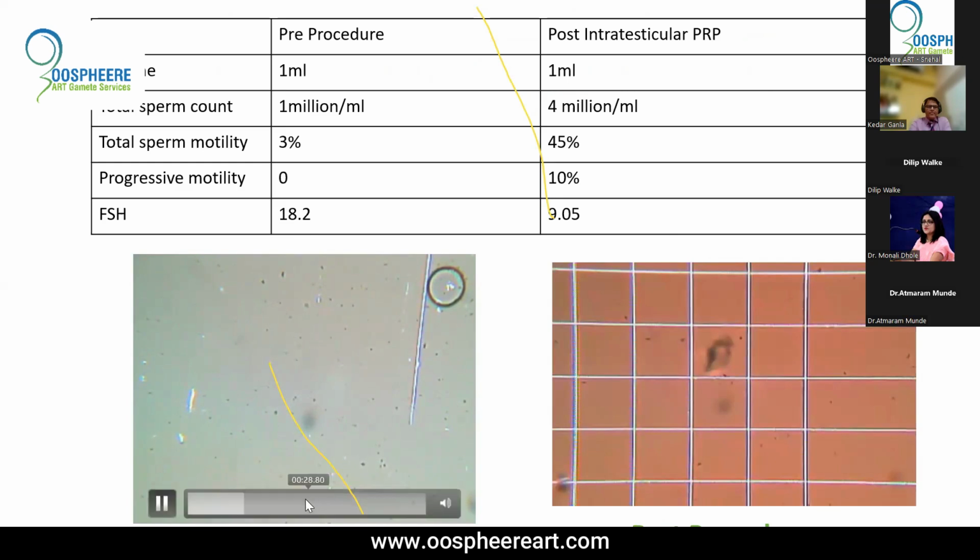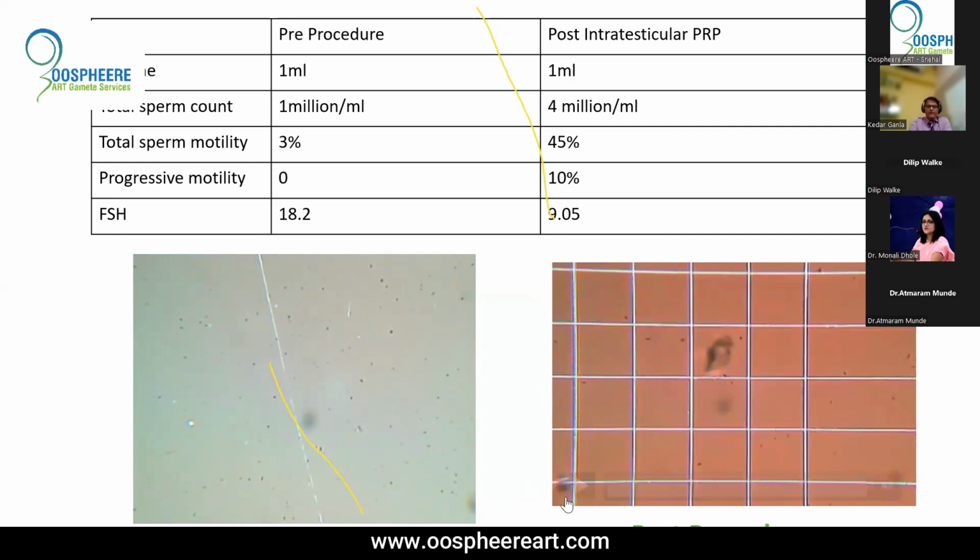See this? Severe OATS. Now, after doing PRP, the same patient, you see the motility of the sperms. See? So much improvement. The count became 4 million. Motility becomes 10%. FSH has come down to 9. Now, this patient can be taken up for IVF ICSI.